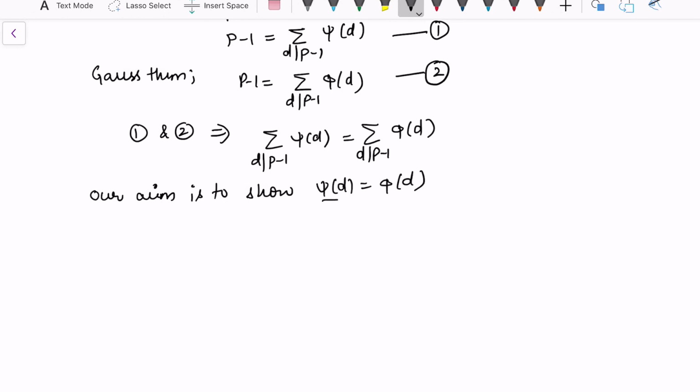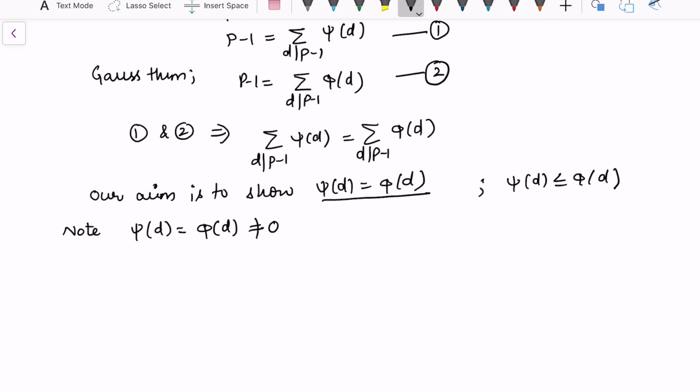Now suppose it is not so, and we consider that xi d is less than or equal to phi d. Note that phi d is not equal to 0. If they were both 0, then we would not prove anything, because phi of 1 is also 1.